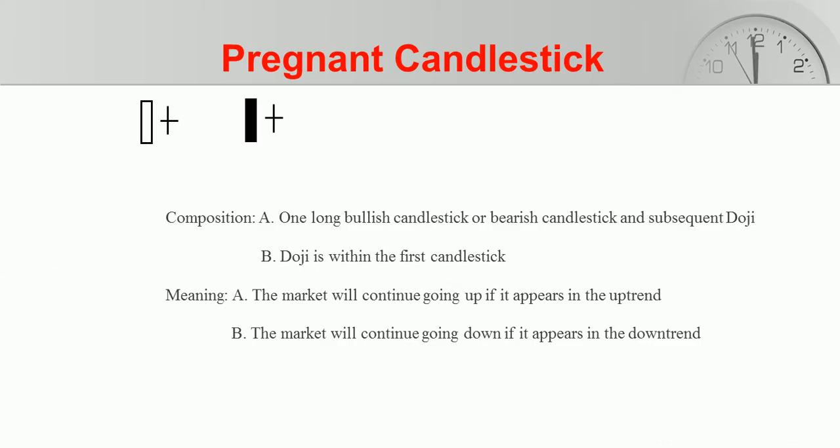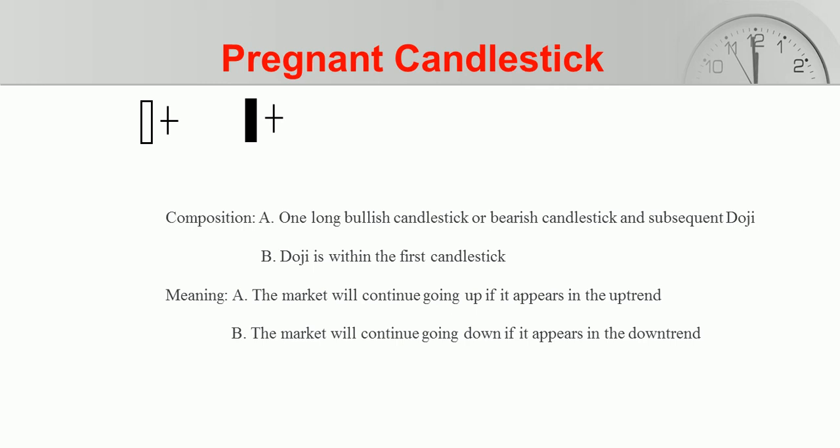So let's see the next one. Because from today's course, I hope you can grasp all the candlesticks. Okay. The next one is the pregnant candlestick. What is the pregnant candlestick? We can see here, this is the body, right? The next candlestick, there's no body. So this is the pregnant candlestick.